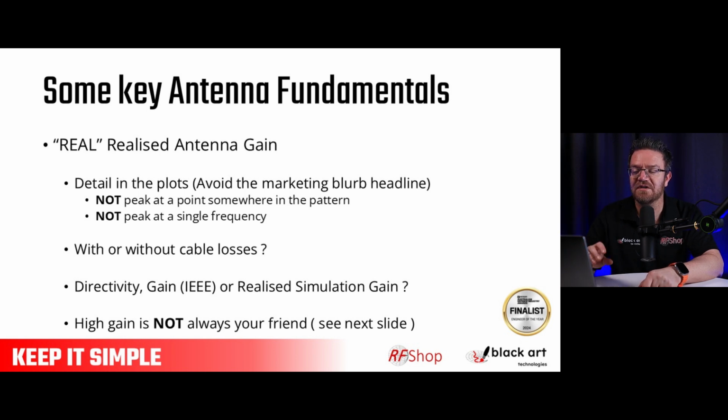IEEE gain definition is different from realized gain. The realized gain takes into account losses and mismatches and all those things. So that's the one to go for. That's really the only one that you should look at. And if you get your material selections correct, it will also include the losses. Let's say if you were to use lossy FR4, that's going to be the one that shows you there's the problem.